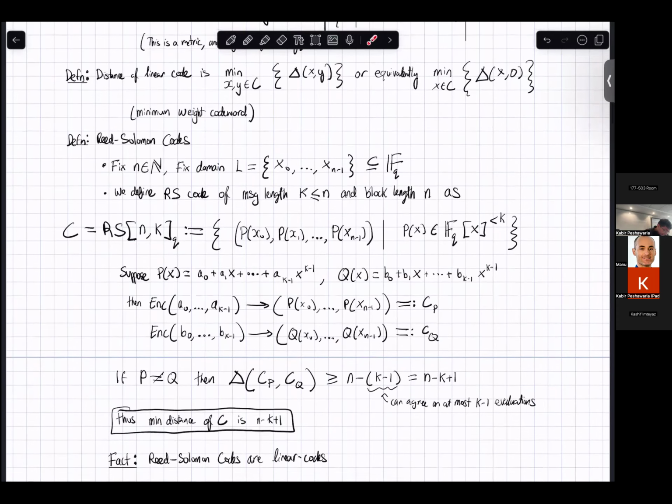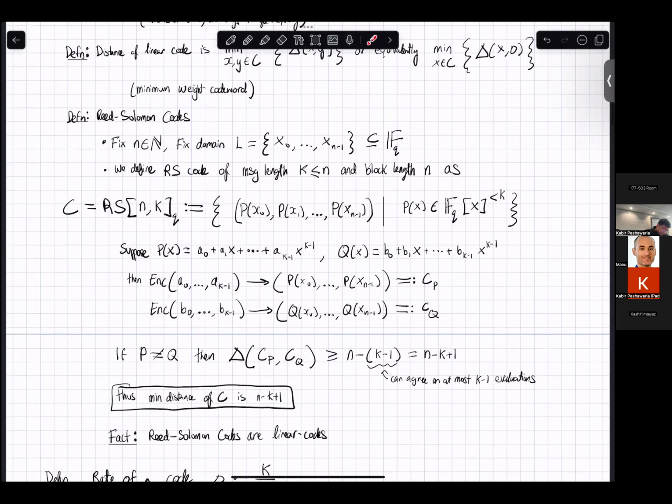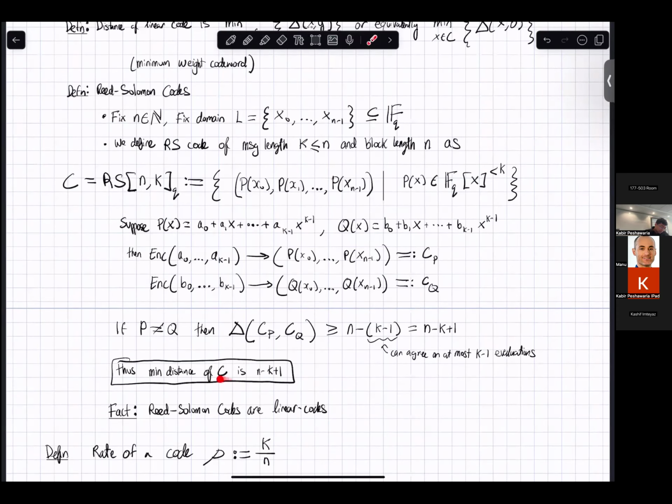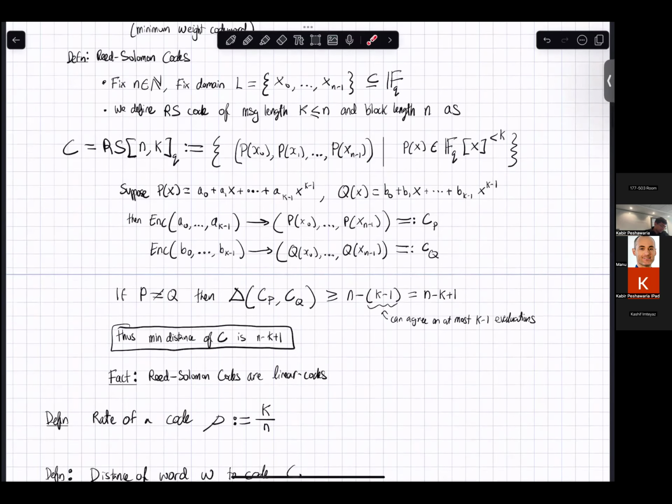What I'm trying to say is basically this: if I encode two code words, some polynomial and some other polynomial, so I can look at its coefficients and encode them, then I claim that the distance between those things must be at least n minus k plus 1. And this basically just stems from your favorite algebra theorem, which is that two distinct polynomials of degree at most k minus 1 can agree on at most k minus 1 places. So the minimum distance of our Reed-Solomon code is n minus k plus 1. As a fact, Reed-Solomon codes are linear codes.